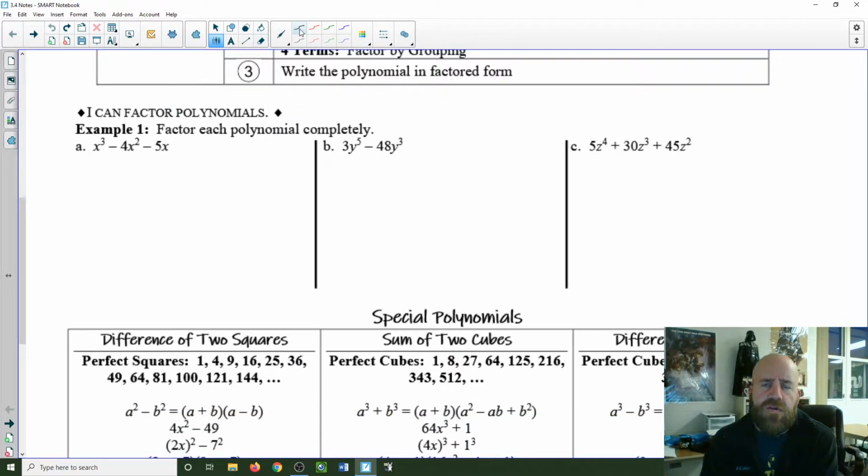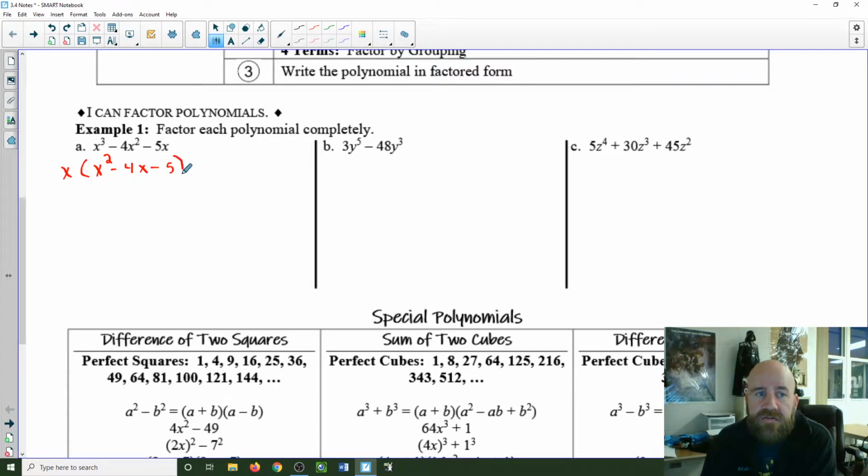You can look over the little list there above. So example 1. Remember, the first thing we're trying to do anytime we're factoring is to look for a greatest common factor. In example 1, we have an x in every single term, so we take that x out and write what's left: x squared minus 4x minus 5.